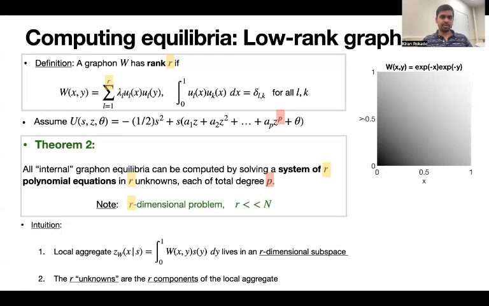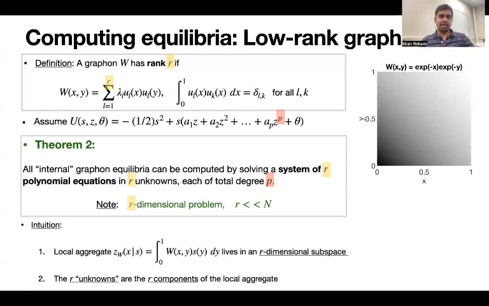So let me give you some intuition behind why this result is true. If you observe carefully, the local aggregate is a map of the strategy profile through the Graphon. It's a linear map.